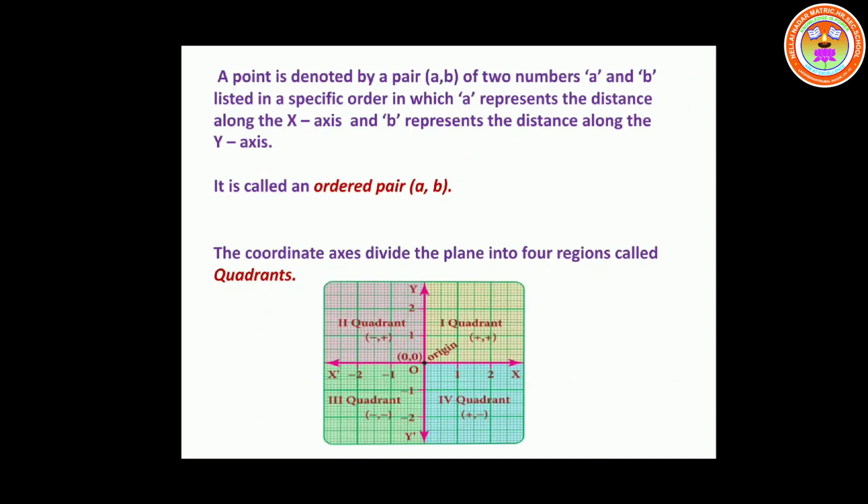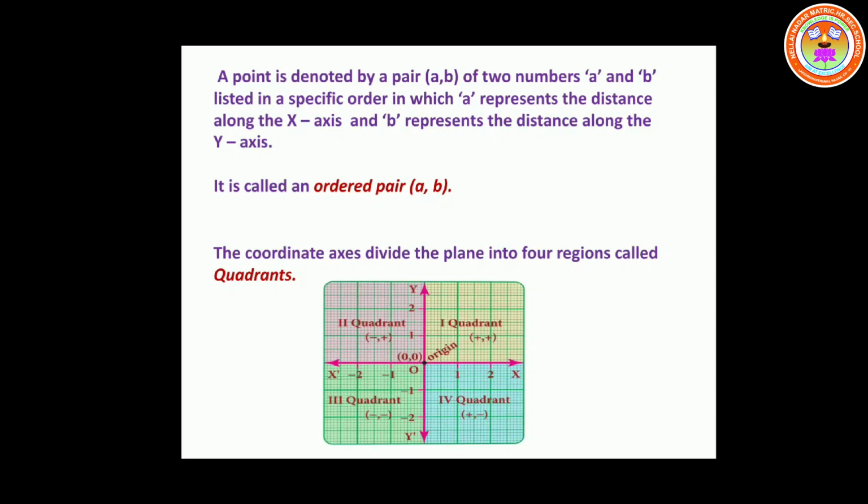A point is denoted by a pair (a, b) of two numbers a and b listed in a specific order, in which a represents the distance along the x-axis and b represents the distance along the y-axis.